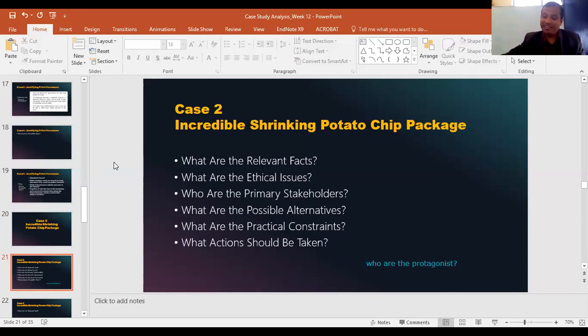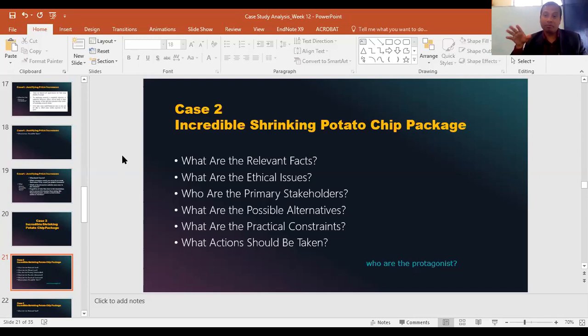This case clearly says that Julie, the brand manager for potato chips at regional level, is the first protagonist, and the second protagonist is Dave, the managing director of the regional salty snacks manufacturer. So we have two protagonists in this case.